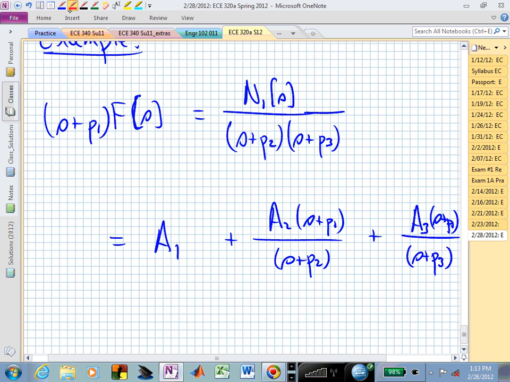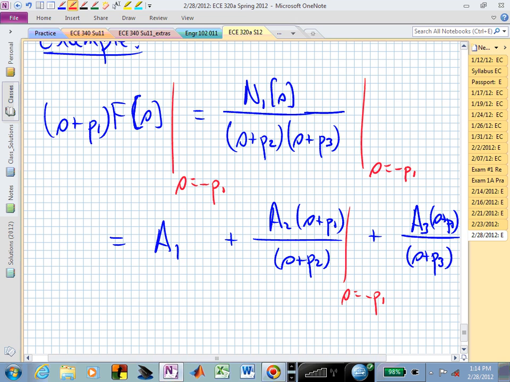And what I want to do now is evaluate this at s equal to minus p1, meaning that left term has changed to the second piece in that expression, and so it's not going to vanish necessarily. It depends on what N sub 1 of s does when you replace s with minus p1. But now A1 is just going to be there, but what happens to this piece? It's going to be forced to 0.